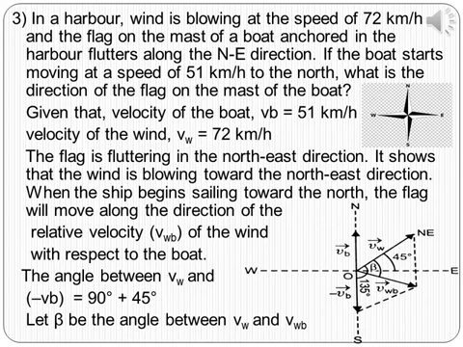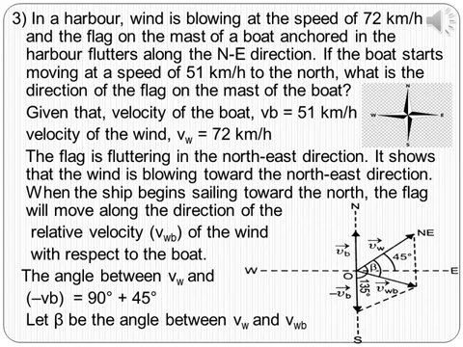If the boat starts moving at a speed of 51 km per hour to the north direction, what is the direction of the flag on the mast of the boat? Given that the velocity of the boat Vb is equal to 51 km per hour and the velocity of the wind Vw is equal to 72 km per hour.